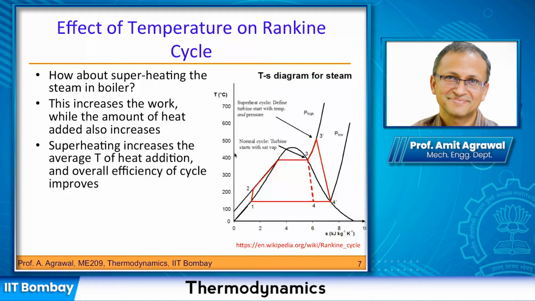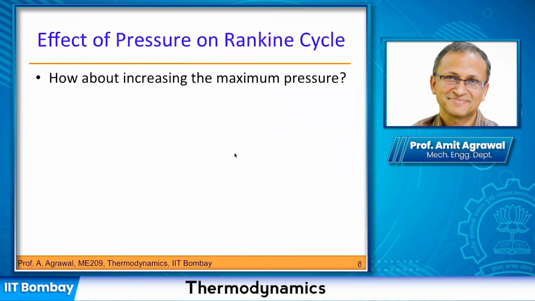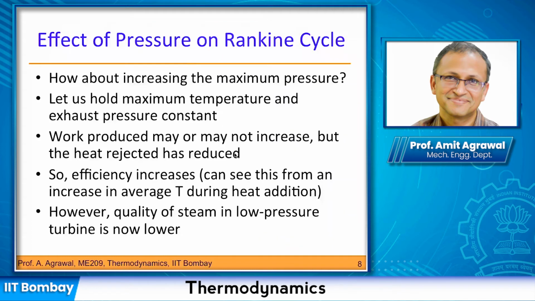So in the third case that you explained, where we increase the pressure at which heat is being added, that might also lead to a reduction of heat added because, sir, we cannot say anything about the work that is produced. But we can surely say that the heat rejected is reduced. So how is that beneficial?